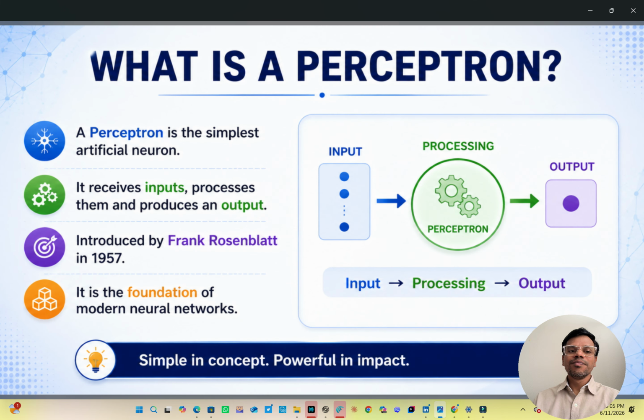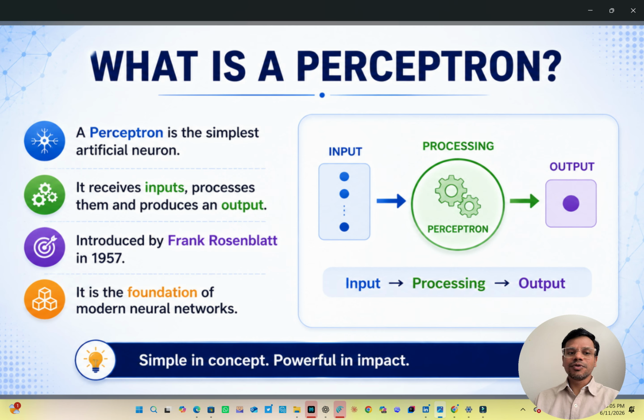So what exactly is a perceptron? A perceptron is the simplest form of an artificial neuron. It was introduced in 1957 by Frank Rosenblatt. Its purpose was to mimic the decision-making behavior of biological neurons found in the human body. At a high level, the perceptron performs three basic steps.